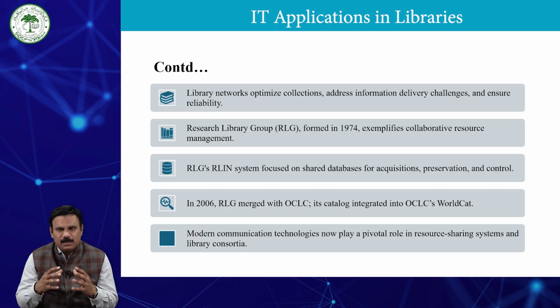Its primary aim was to create a shared online database of library collections, facilitating collaborative acquisition, delivery, and preservation of information. In June 2006, RLG merged with OCLC and its catalog became part of OCLC's WorldCat, with Eureka databases transitioning to OCLC's FirstSearch services.